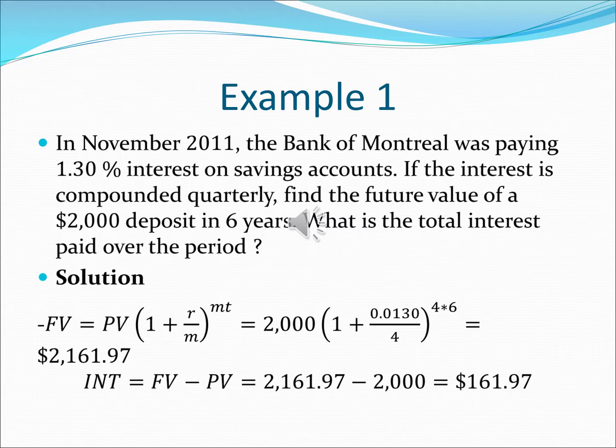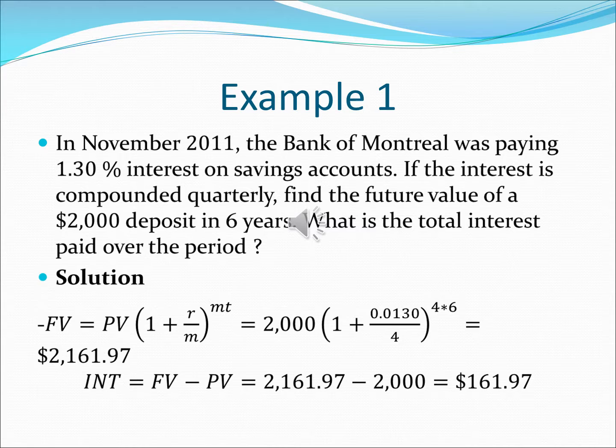Since they are asking me for the total interest, I will first find the future value. Once I know the future value, I will find the interest by subtracting off the present value from the future value. How do I find future value?